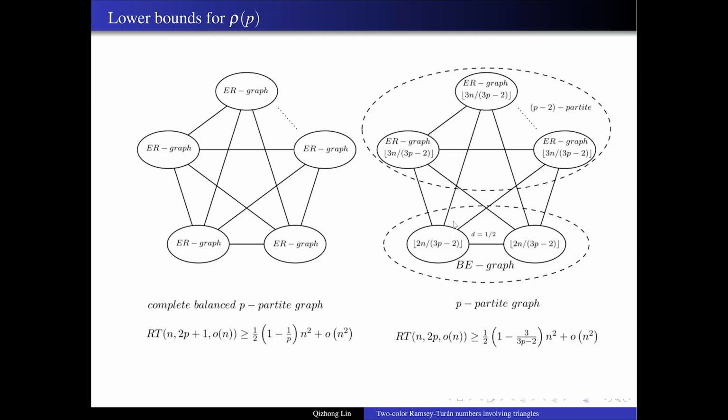The first non-trivial case is the Bollobás-Erdős graph, and in general, we add p-2 parts to it, where any other pair of distinct parts are completely connected, and we put an Erdős graph into each of these p-2 parts, and note that they are not balanced.